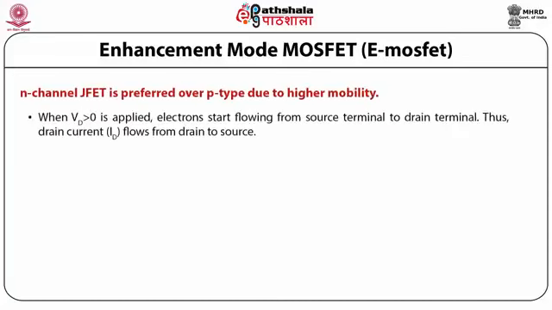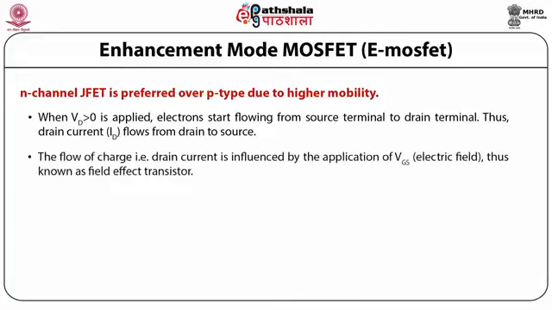When VD greater than 0 is applied, electrons start flowing from the source terminal to the drain terminal. Thus, the drain current ID flows from drain to source. So the flow of charge, that is the drain current, is influenced by the application of VGS. Thus, it is known as a field effect transistor.